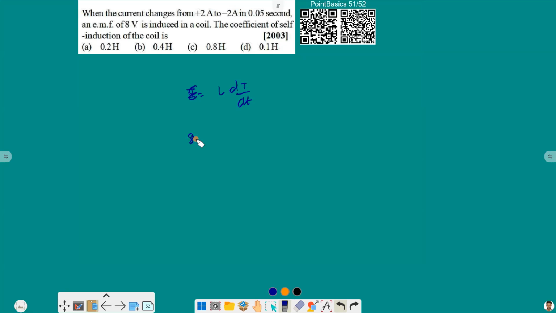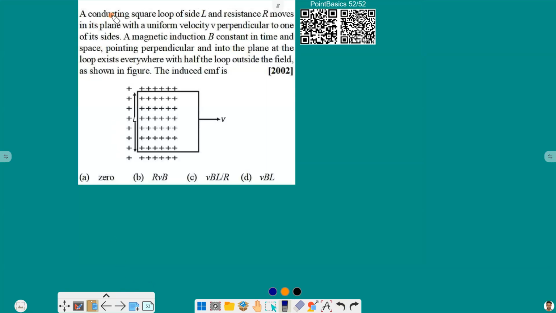So here we have 8 equals L, change in current is 4, time is 5 by 100. So that will be 20, that will be 2, L will be 1 by 10 or 0.1 Henry. Option D.